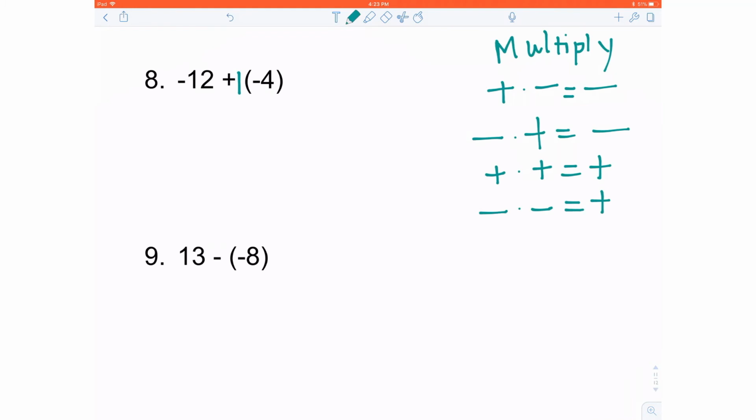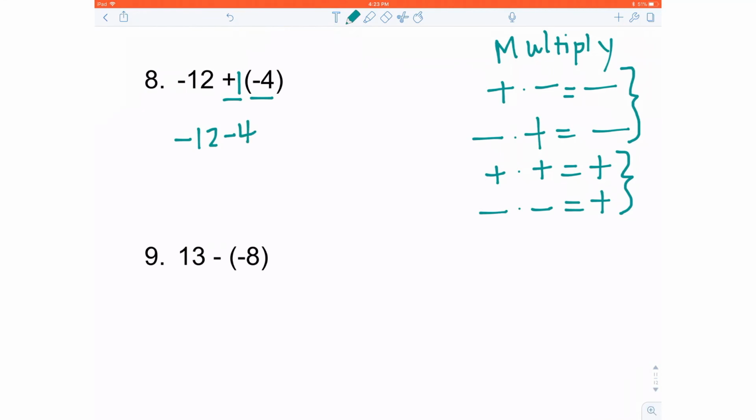If the signs are different, we have negative. If the signs are the same, our answer will be positive, okay? So here, positive 1 times negative 4, positive times negative is negative, so this gives me negative 4. The negative wins.